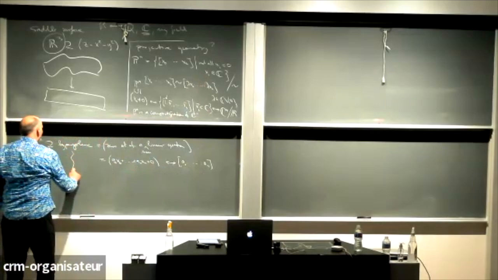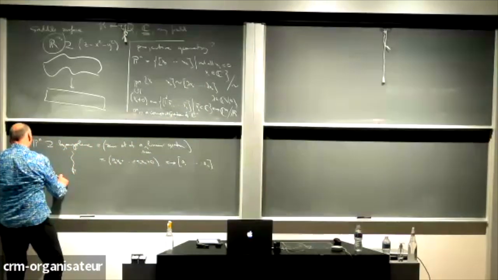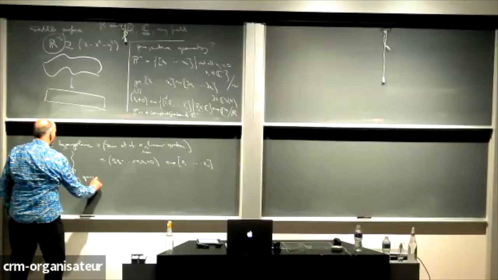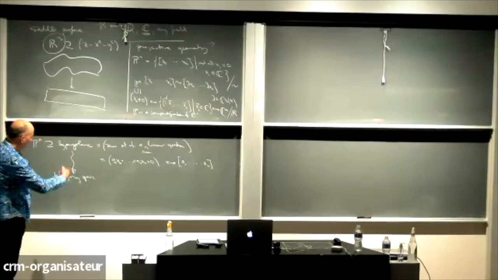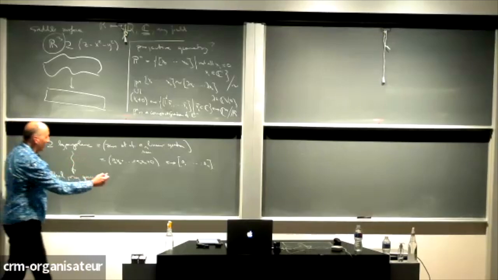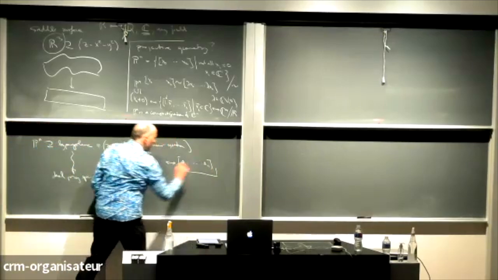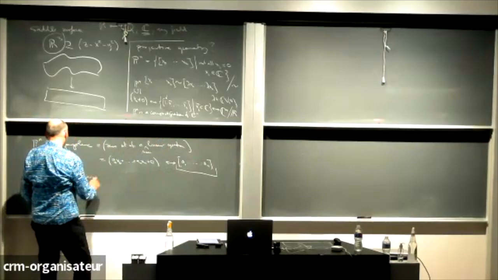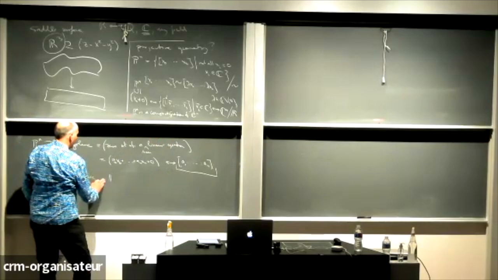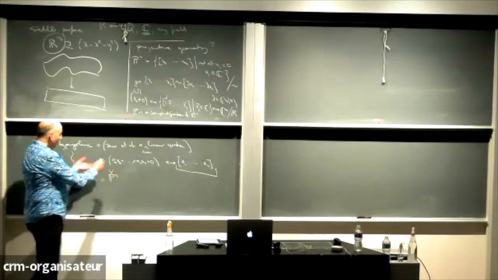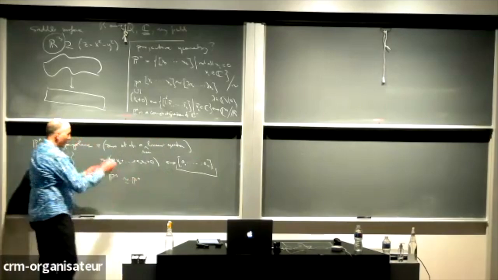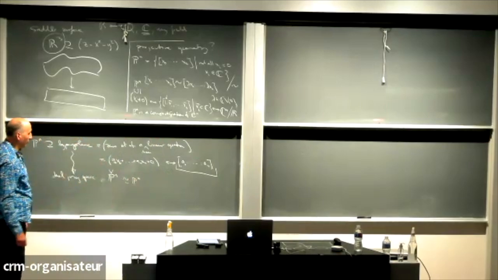So the hyperplanes form the dual projective space, where the points of this dual projective space, parameterized by these coordinates, correspond to hyperplanes. We denote it by Pn dual. It is abstractly isomorphic to Pn, but really the points correspond to hyperplanes.